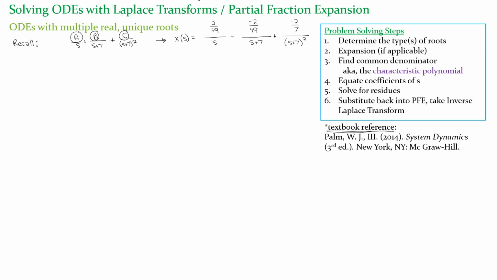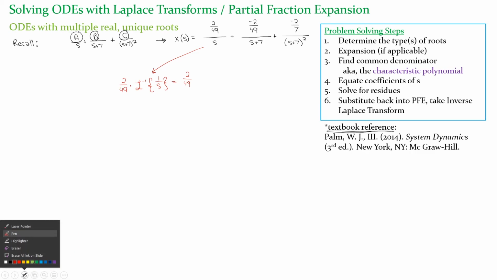So, looking at our one-sided Laplace transform table, we see that for this first term, if we pull the 2 over 49 out of the numerator, because it's just a constant, then in our Laplace table, we have something that looks like this. And so therefore, converting back to the time domain, we just get 2 over 49.